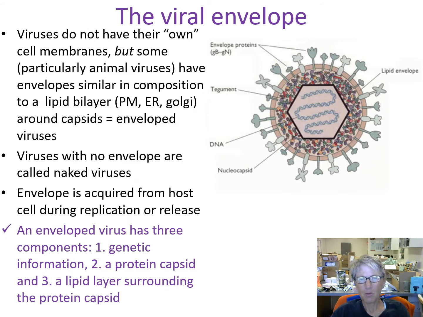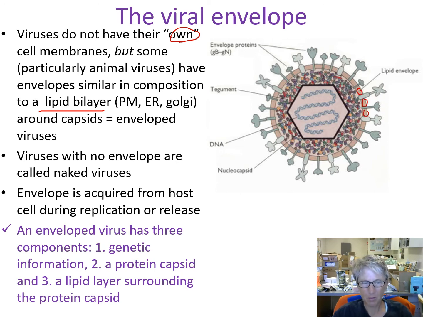So we've talked about this with viruses, but viruses don't have their own cell membrane, aka their own phospholipid bilayer. But some viruses that are called enveloped viruses, their envelope is similar in composition to a lipid bilayer. And in this cartoon it shows here this part here, this is all lipid envelope.